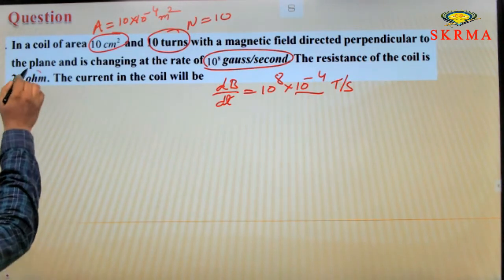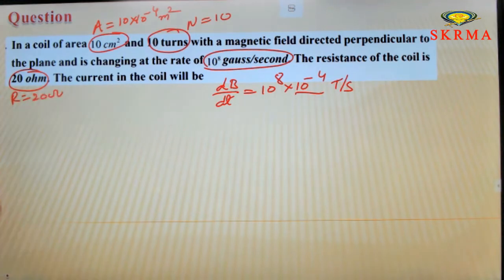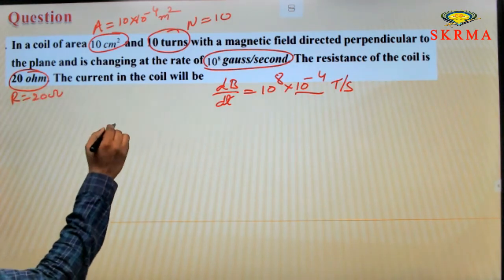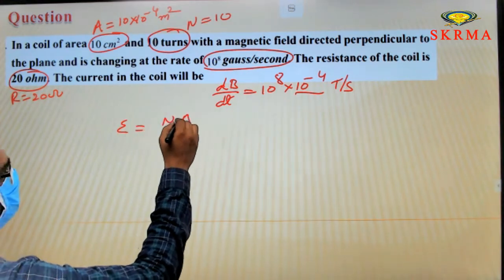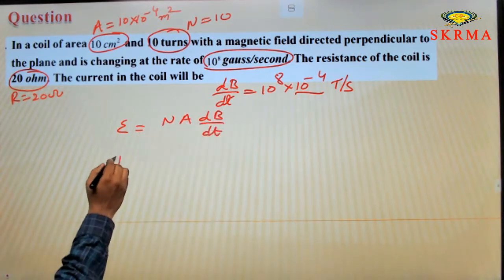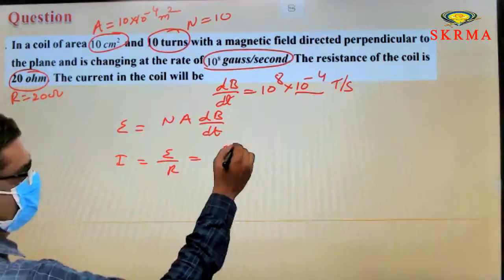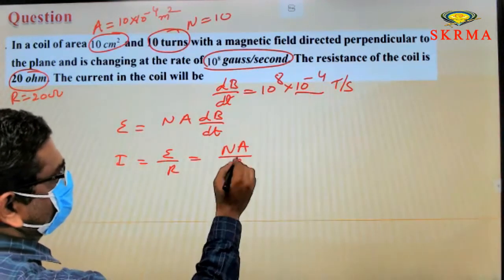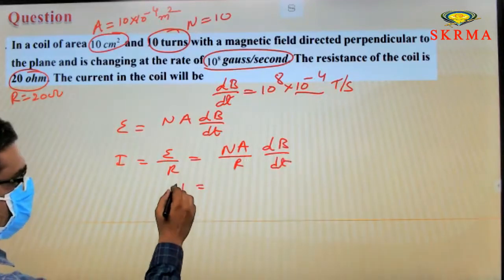Next, resistance of the coil R is given as 20. So induced current we have to calculate. Induced EMF formula N into A into dB by dt. Induced current is E by R, so NA by R into dB by dt. Now substitute the values.